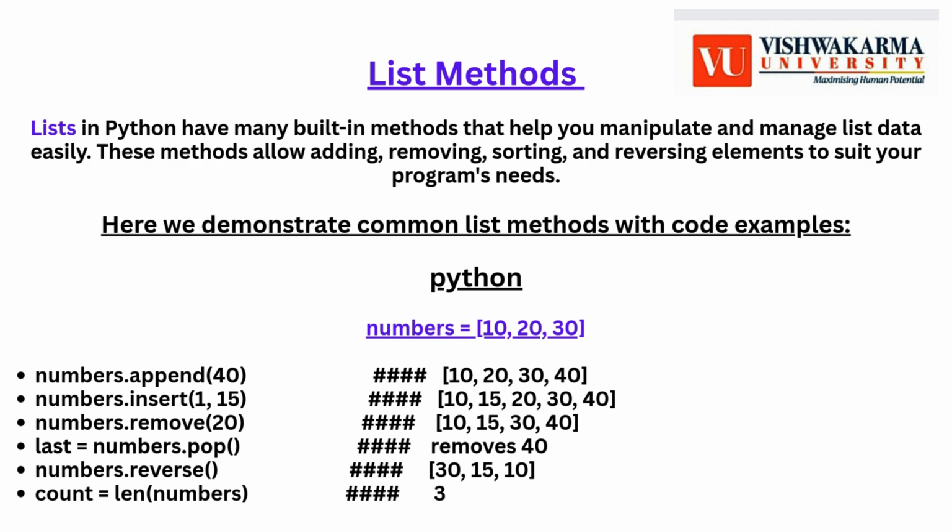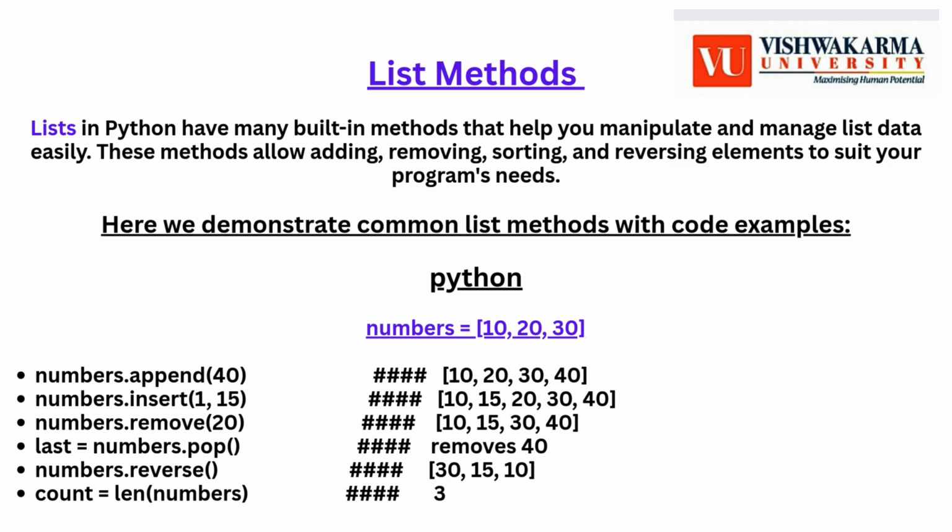The first list we had is 10, 20, 30. So where index 1 comes, after 10, we add 15. The list we get is 10, 15, 20, 30, 40 as the final list.